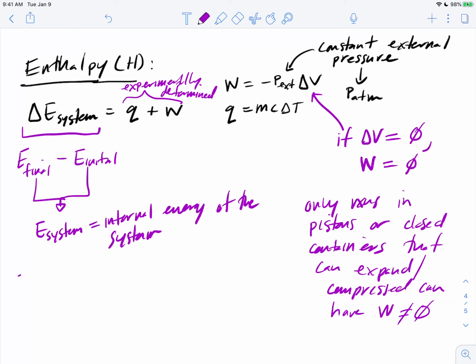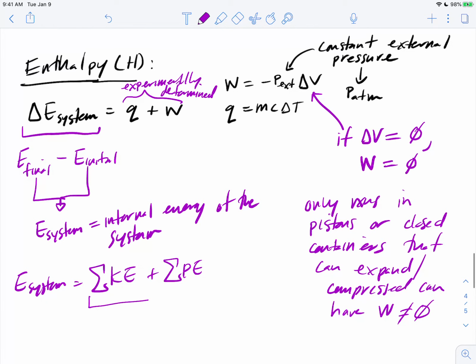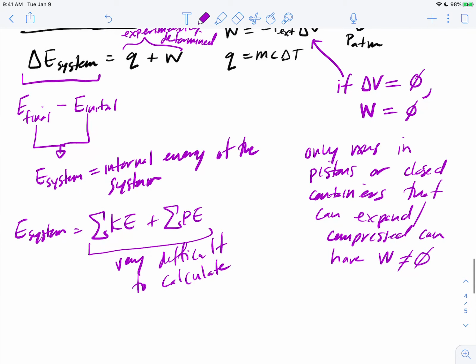Now that is equal to basically the sum of all forms of kinetic energy plus the sum of all forms of potential energy, and these are very difficult to either measure or in most cases calculate.